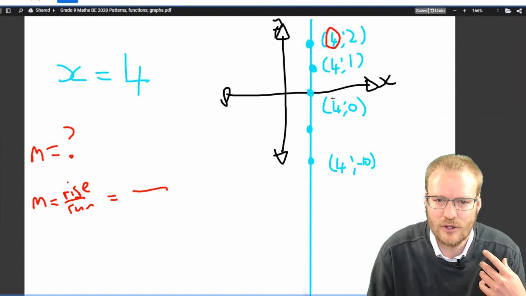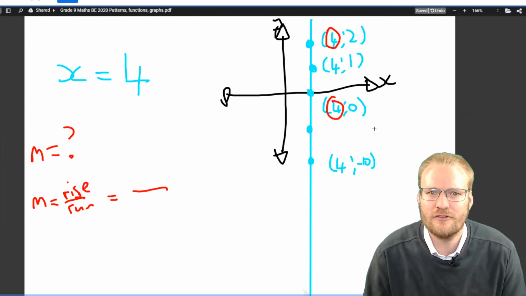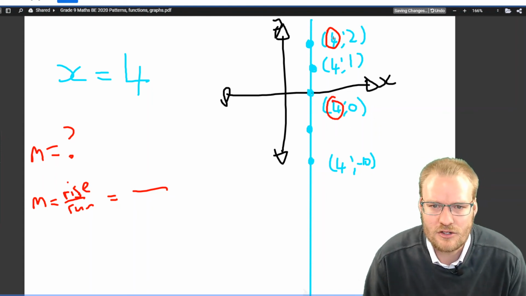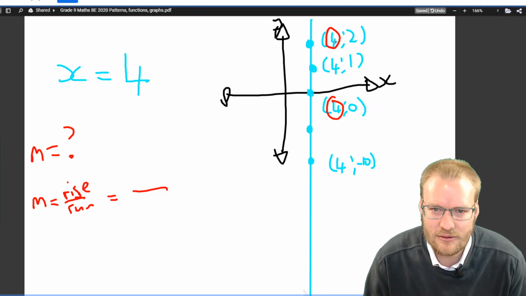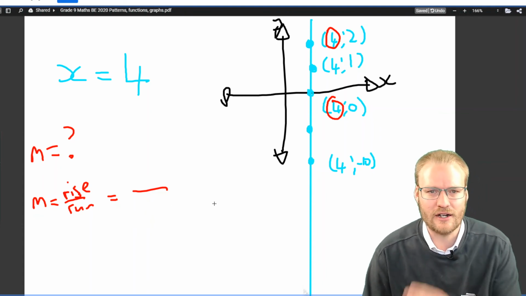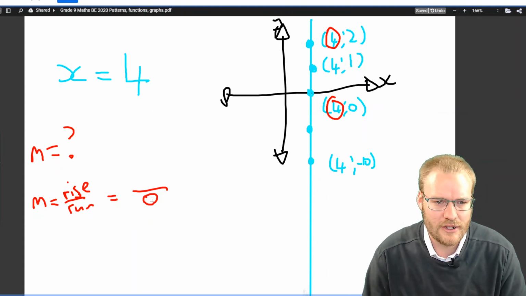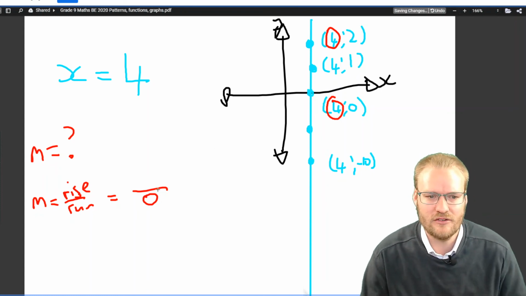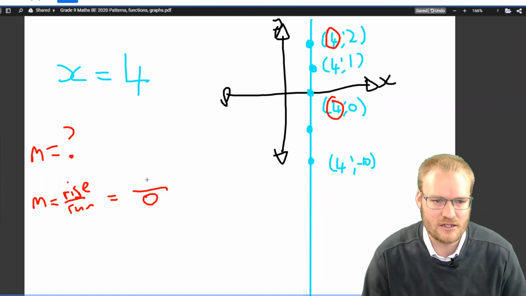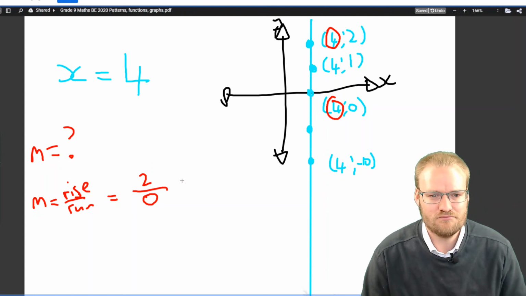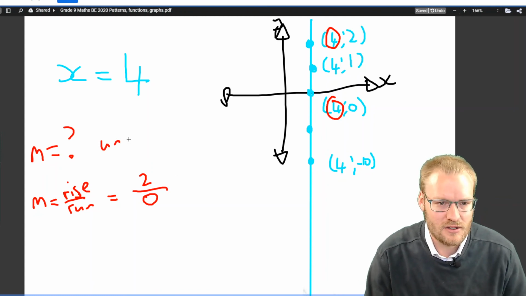I'm going to choose that point and that point, as long as they're different points. So let's start with our run. We're running from 4 to 4. So how far are we running? How far across are we going? Or are we not? Then we're done. Can we ever divide by 0? So in this case, this was 2 over 0. No. So our gradient is clearly undefined.